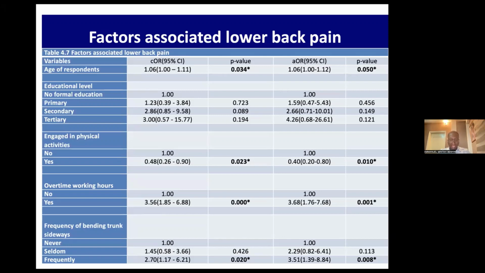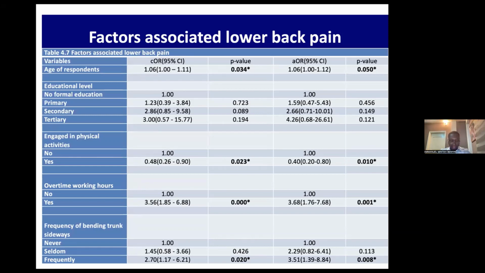And those who work overtime, which was also significantly associated with low back pain, were 3.56 times more likely to suffer from low back pain as compared to those who did not work overtime. This association was still significant after adjusting for all other variables, with crude odds ratio of 3.56, p-value of 0.001, and adjusted odds ratio of 3.68 with a p-value of 0.001.